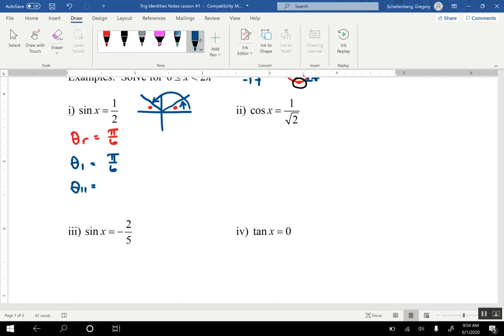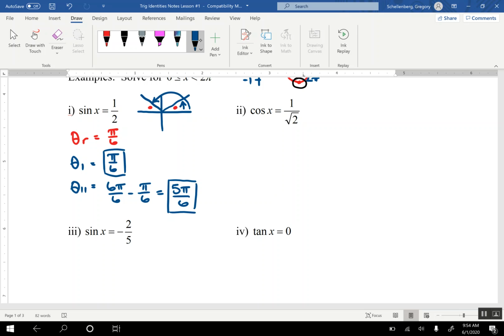And then for the angle in quadrant 2, we're going to take pi, or we could think about it as being 6 pi over 6, and subtract the reference angle of pi over 6 to get 5 pi over 6. So these are our two solutions here, 5 pi over 6 and pi over 6.